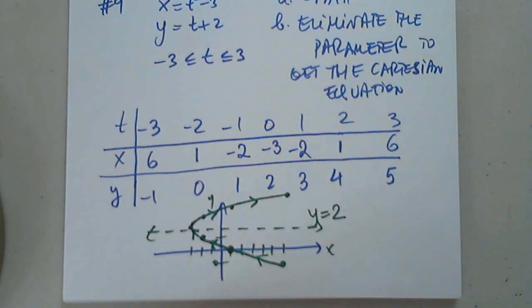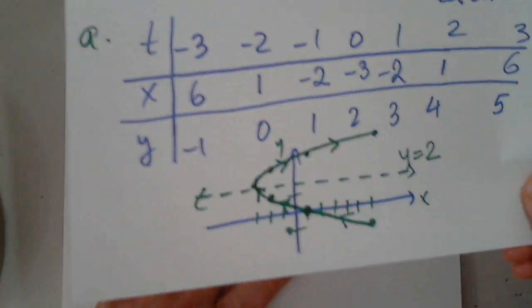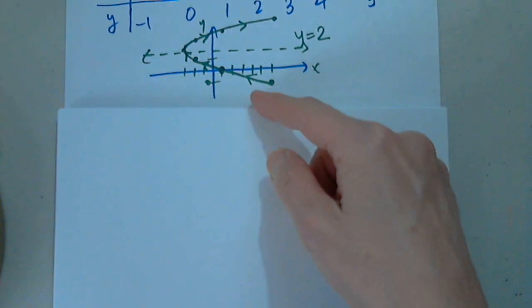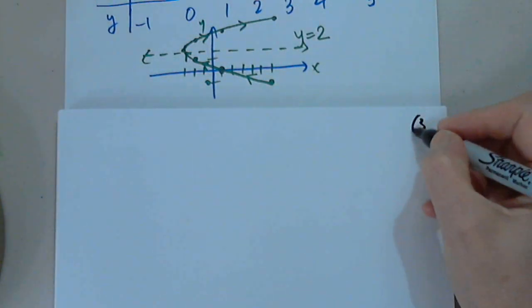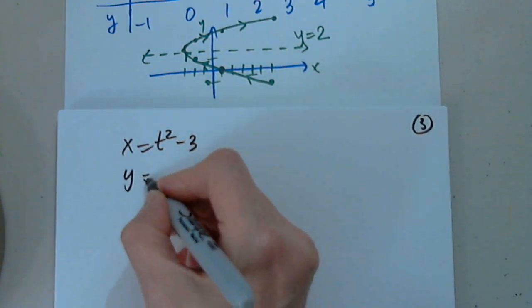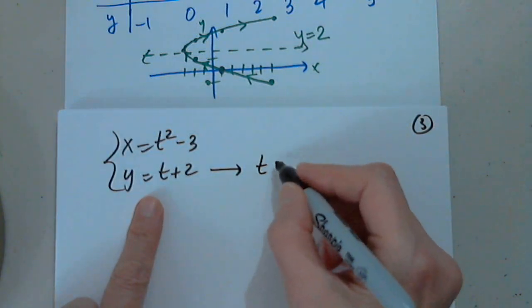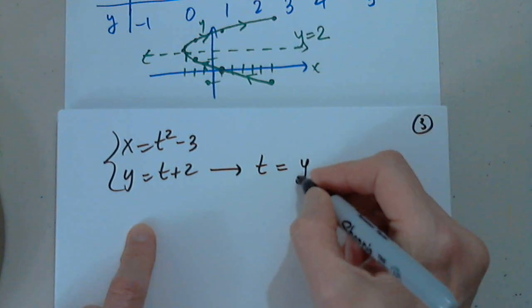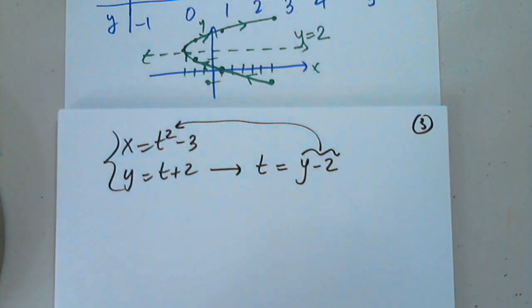Now, this was part A, and now let's move on to eliminate the parameter. We should get something that reflects the Cartesian equation for this graph. So x equals t squared minus 3 and y equals t plus 2. I will solve the second equation for t, moving 2 to the other side, y minus 2, and then plug this in t squared.